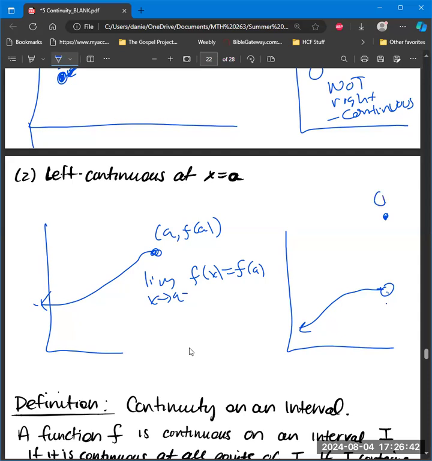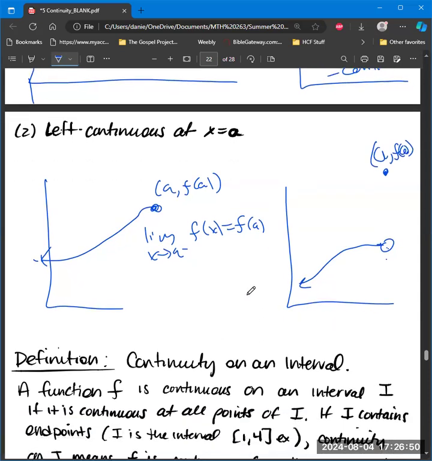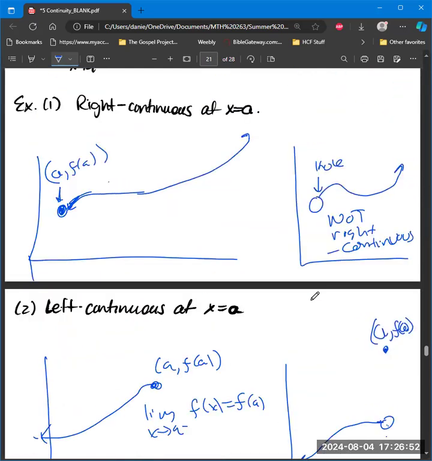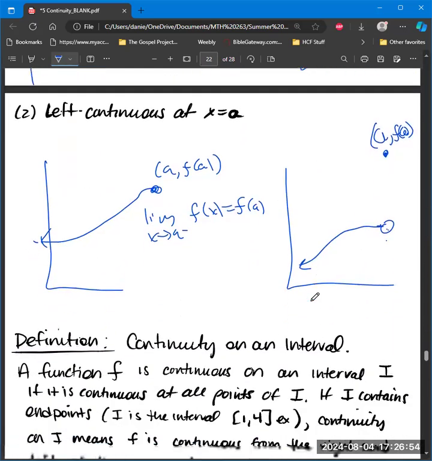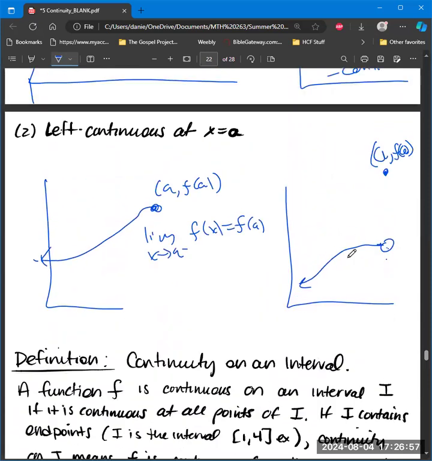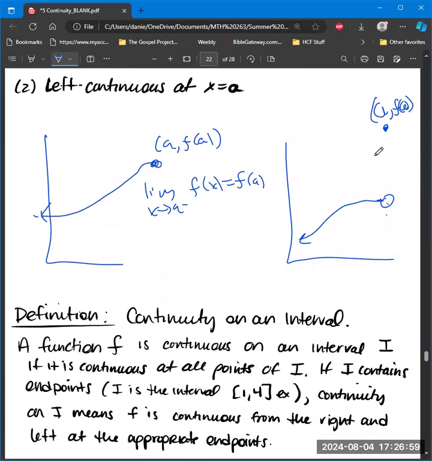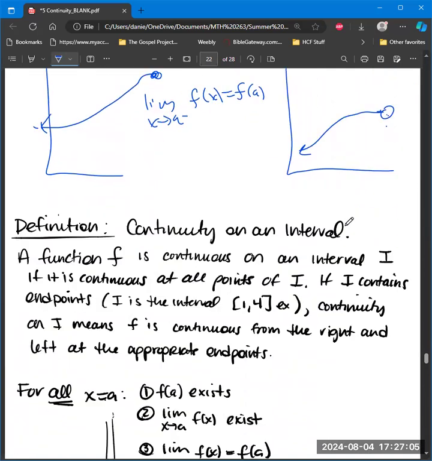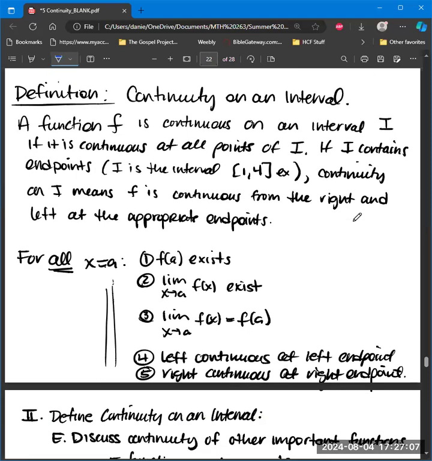If we have f of a sitting up here, for instance, that would be bad. But to have continuity, you need to have the function value equaling the left-hand limit.